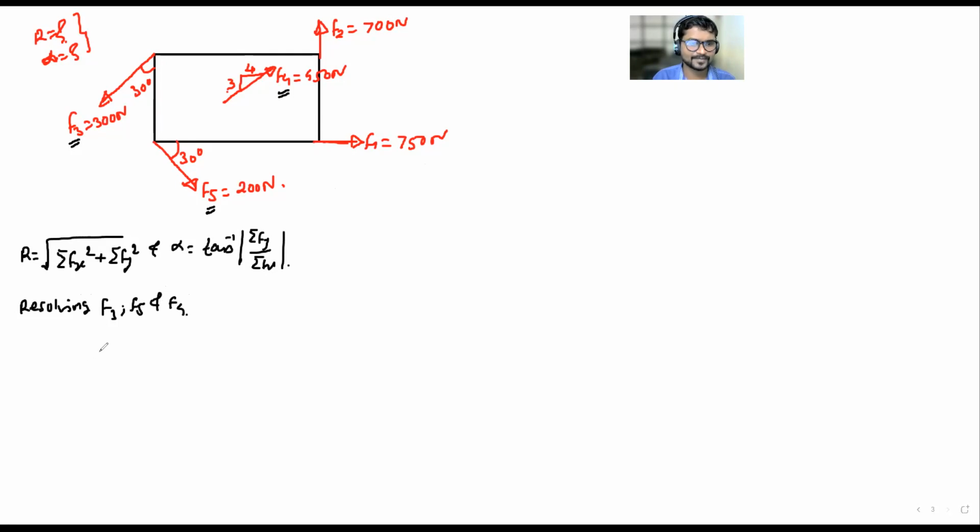So F3, consider this is its line of action. Force is F3. Then we have to construct the y and x axis. Consider the point at some distance. Horizontal line as x axis, vertical line through the intersection as y axis.